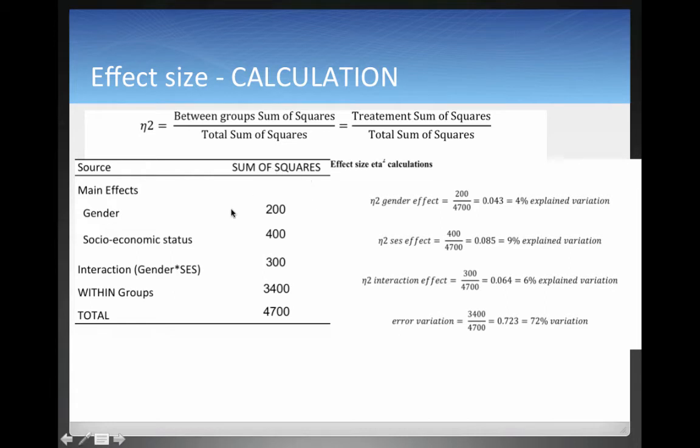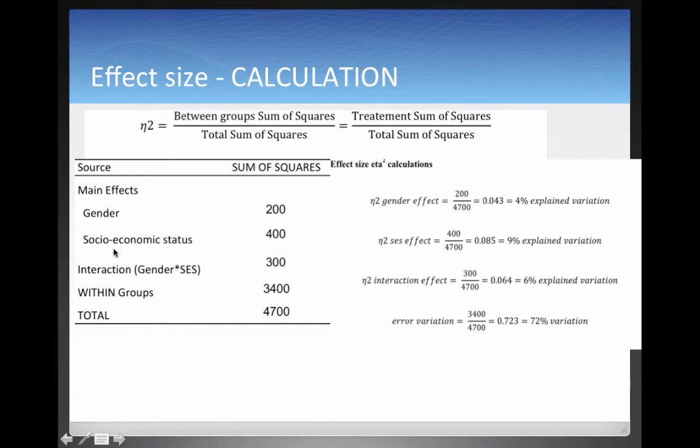So if you imagine in this example, 4,700 is the total sum of squares. And now if we want to look at the main effect gender, it's how much variation is explained by gender. It's 200 out of the 4,700 sums of squares. So 200 divided by 4,700 is 0.043, which would be 4% explained variation.